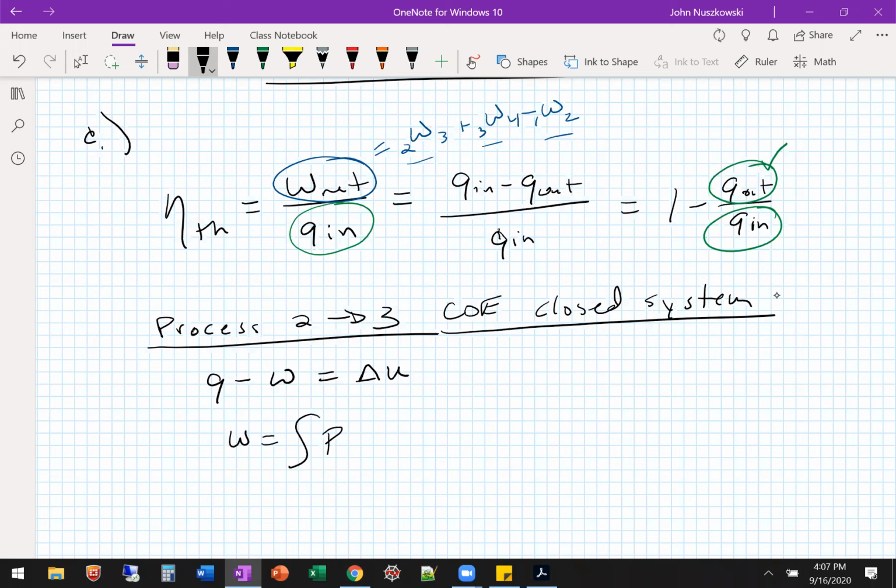Yes, so it's a work out, right? So we're getting expansion work during that. But is anything being held constant? Pressure. Yeah, pressure, okay. Let's say constant pressure heat addition. So that gets pulled out of the integral and we get P delta V, okay.